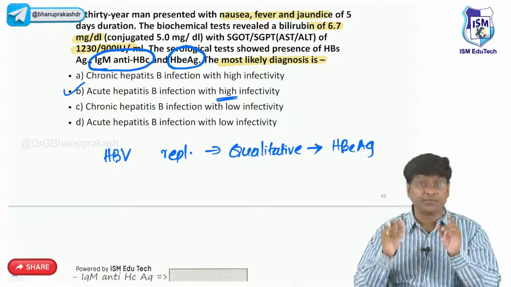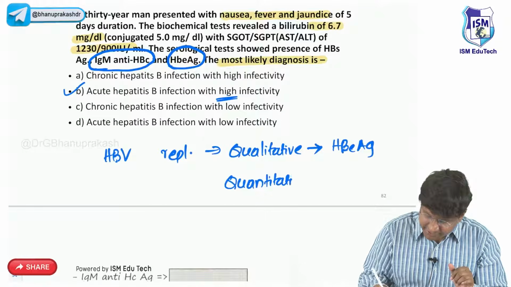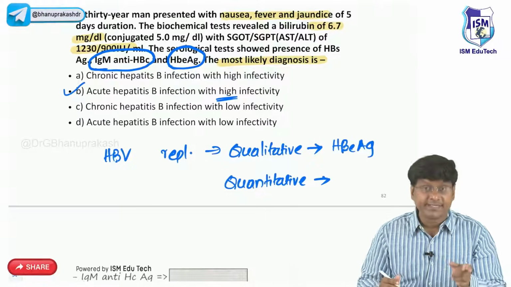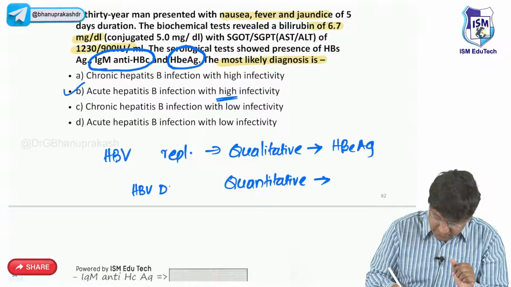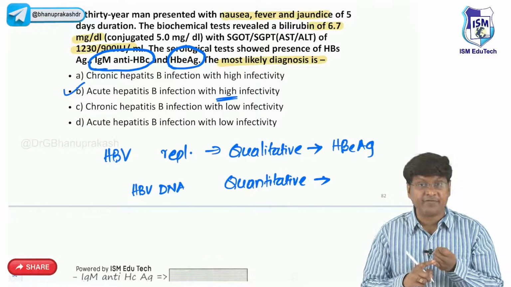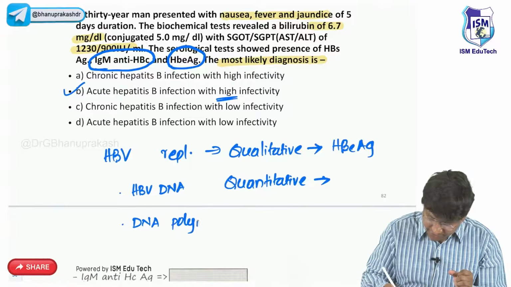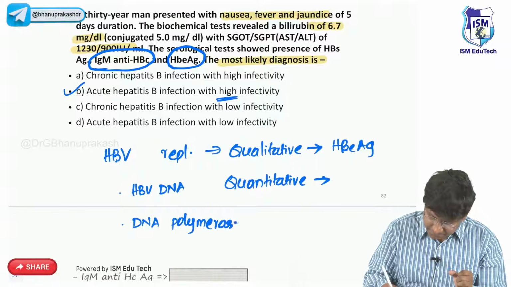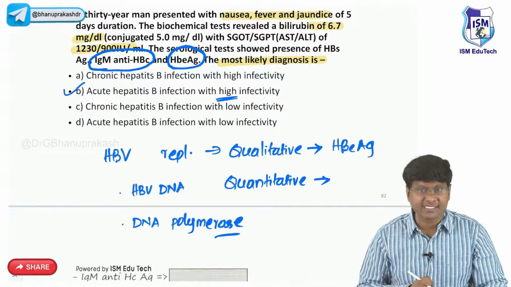Whereas the quantitative marker will be HBV DNA and as well as DNA polymerase.